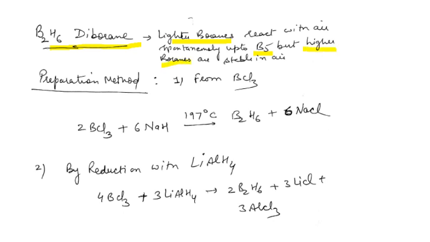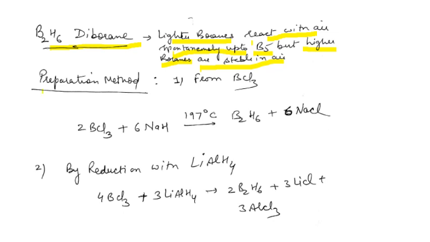You must know what lighter boranes are. Lighter boranes always react with air spontaneously, and higher boranes are stable in air and unreactive. So diborane easily reacts with air spontaneously.